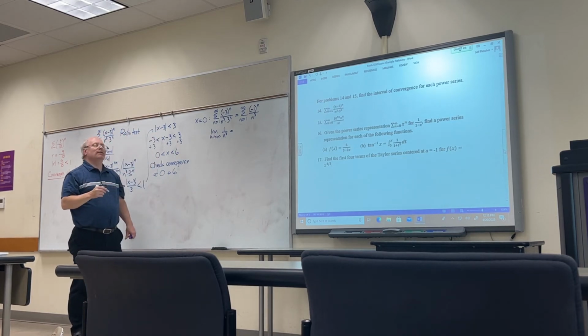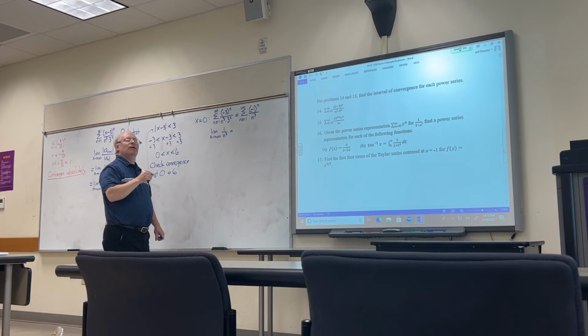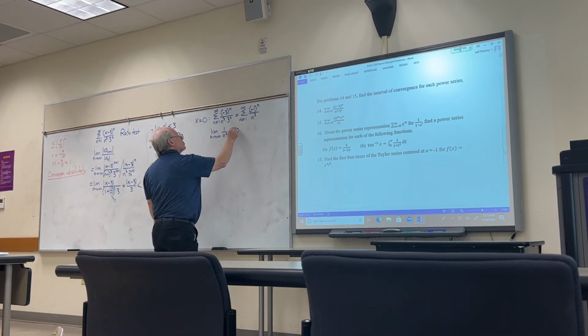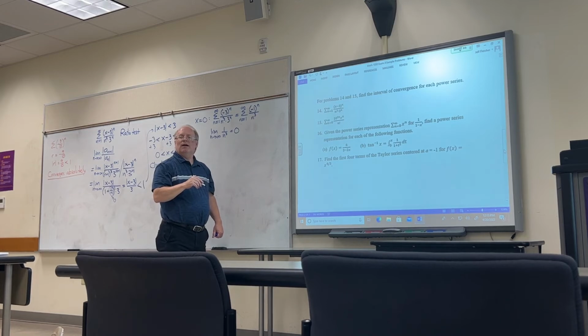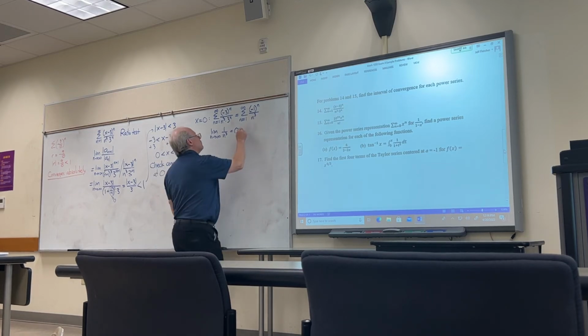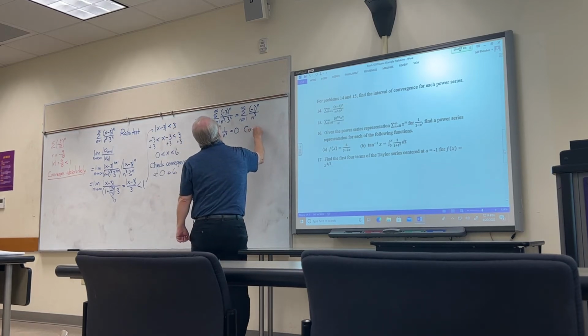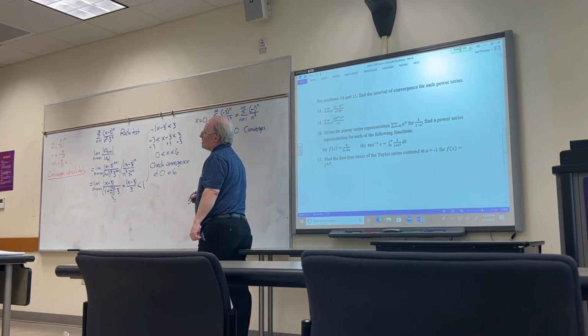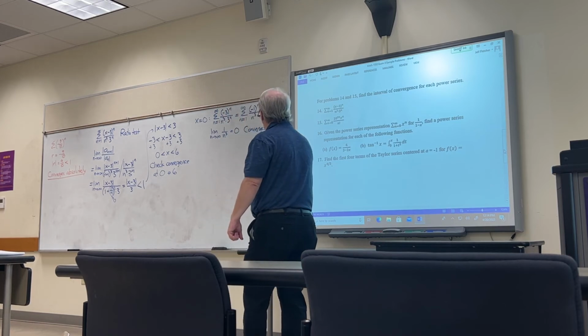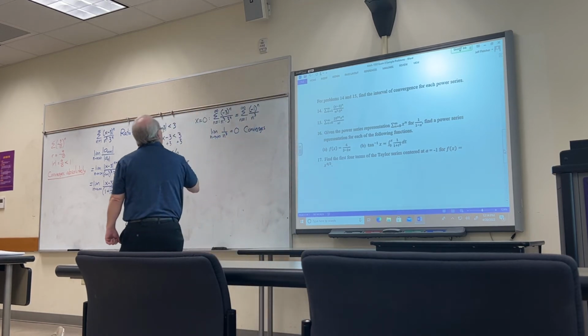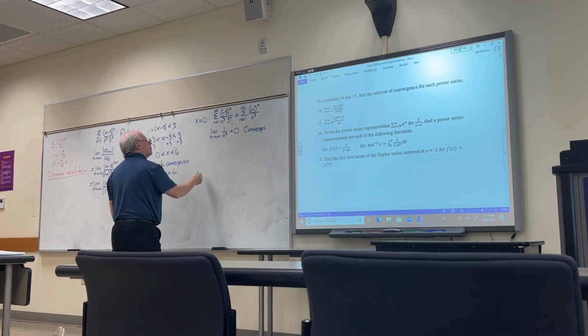What's that limit? 0. So what does that tell us? It tells us it converges. Remember, for an alternating series, if the limit of the terms is 0, then the series converges. So it converges when x equals 0.